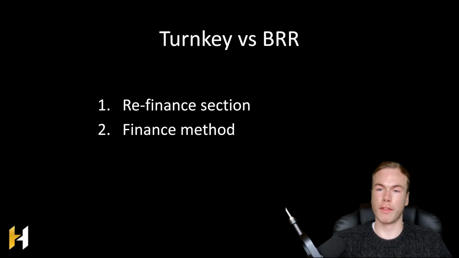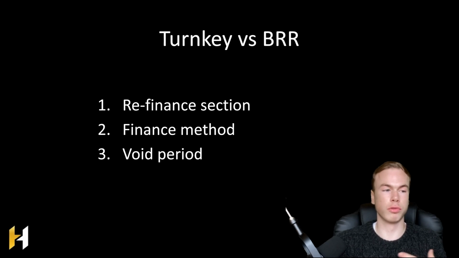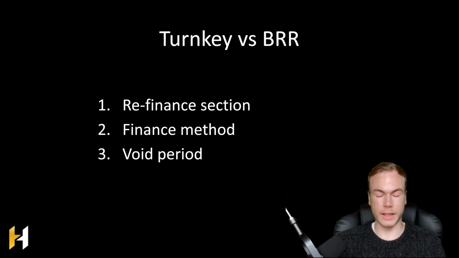Then number 3, the void period. The loss of rent from the void period is in both spreadsheets, but I've added an extra section in the BRR spreadsheets that means you can input the council tax and the bills that you're going to pay while the property's being refurbished, because obviously that is a somewhat significant cost that needs to be taken into account.